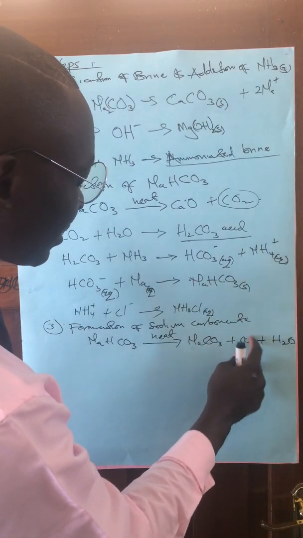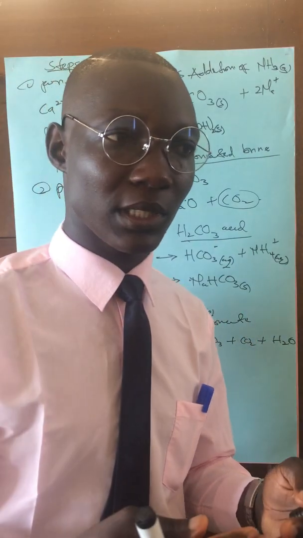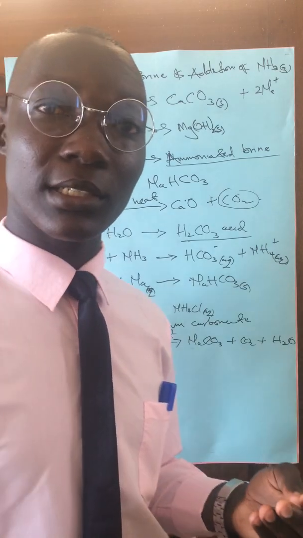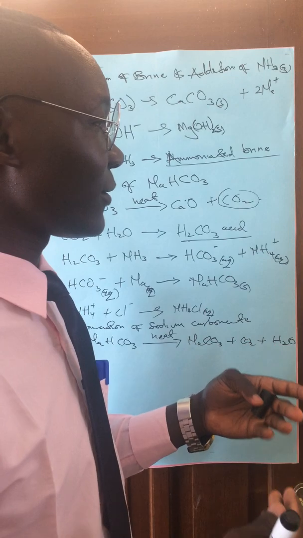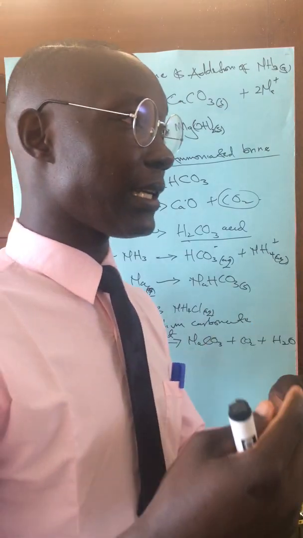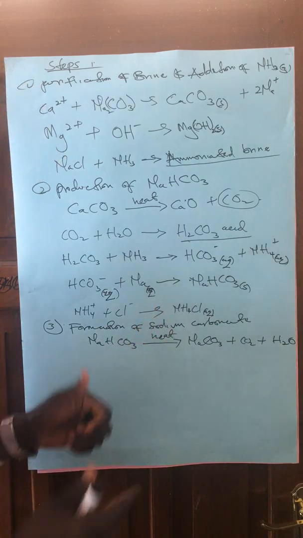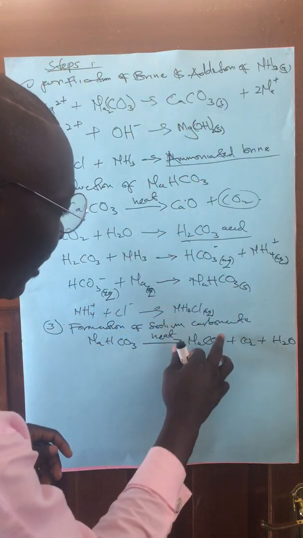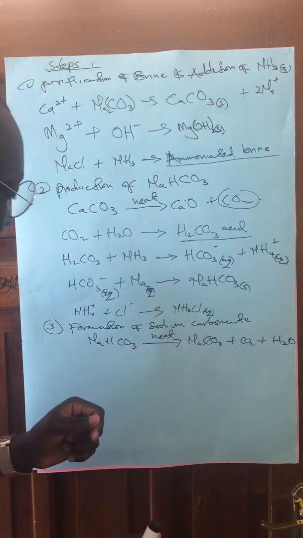So you can see the CO2 is already recycled, and this is very important and very useful since production of CO2 is very expensive. So when we can do recycling, it is very economical in this process, and that is one of the advantages of Solvay process. So when we have our sodium carbonate, we have it here.